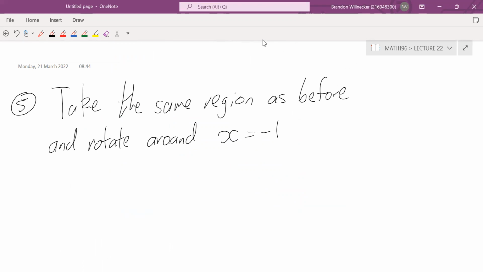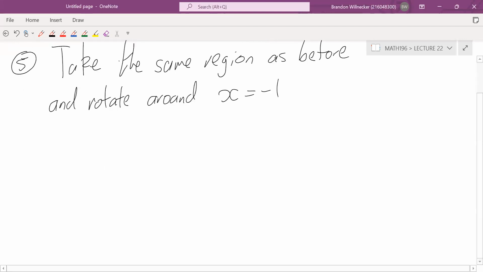So same region, different axis, but the idea is still the same. We need to find the inner radius and the outer radius, and then we just use that formula to find the volume. So let's do a sketch of what this looks like.